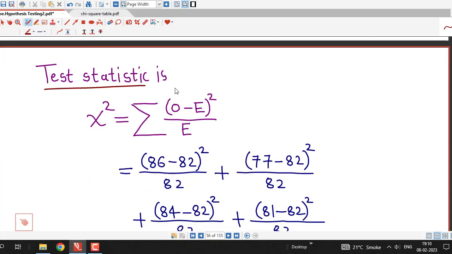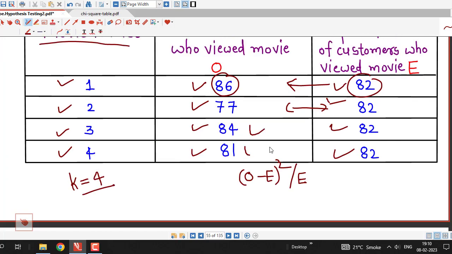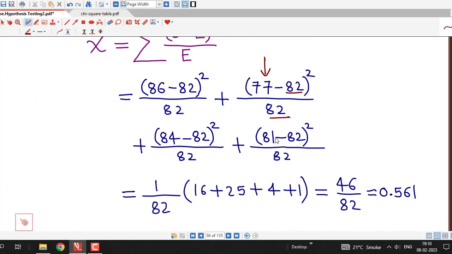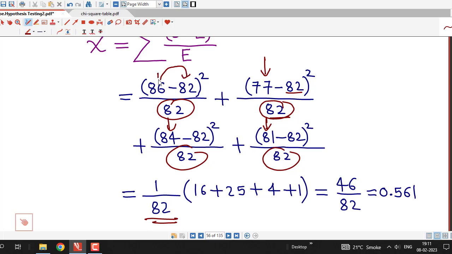For the second cell, the observed frequency is 77. This remains the same. Similarly here 84 and 81. The expected frequency is the same for each category or each cell, and we can see there is 82 common in the denominator, so we can take it outside. Here 86 minus 82 is 4, square of 4 is 16.